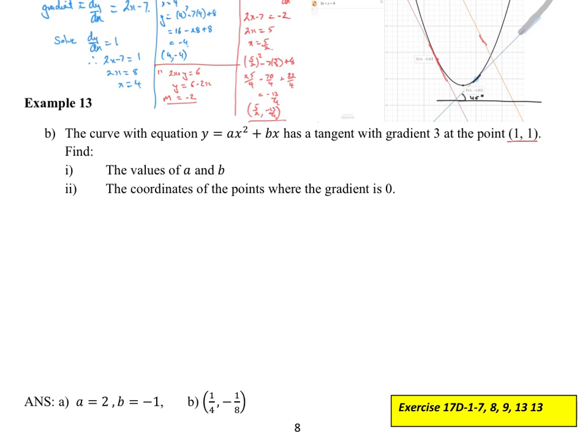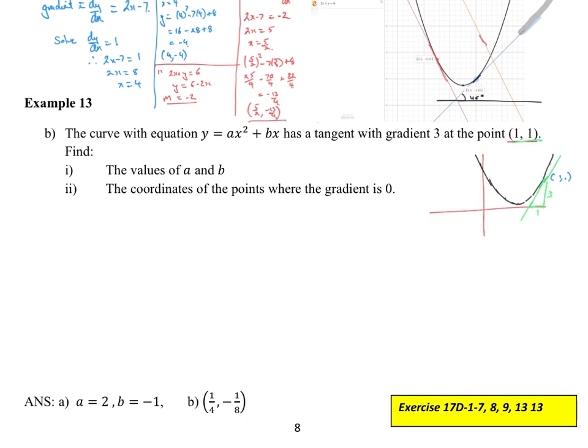So we've got some rule, ax squared plus bx. And what we're saying is at the point 1, 1, the gradient of the line is equal to 3, the rise over the run. Okay, so two things.